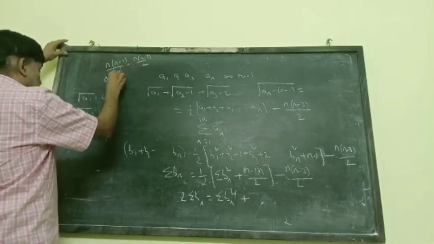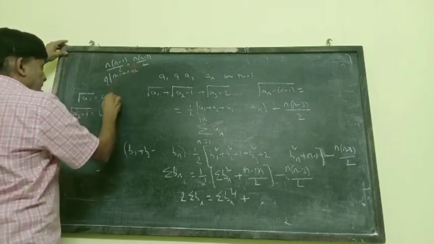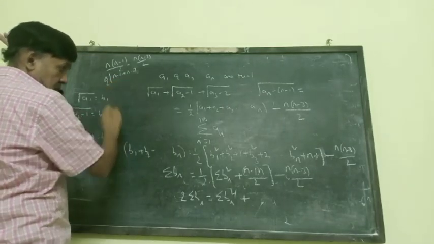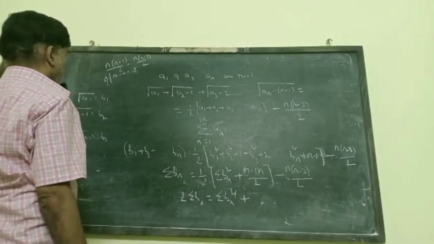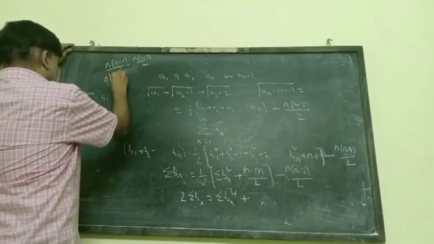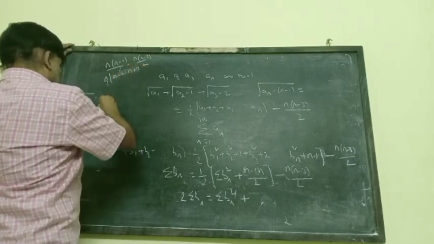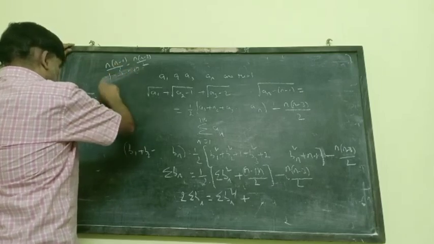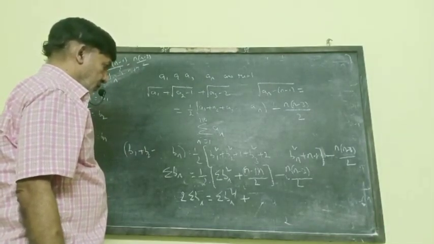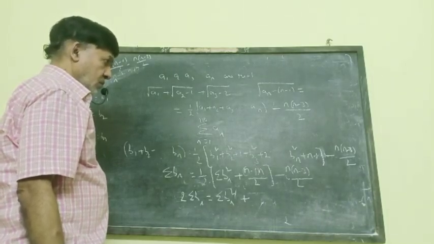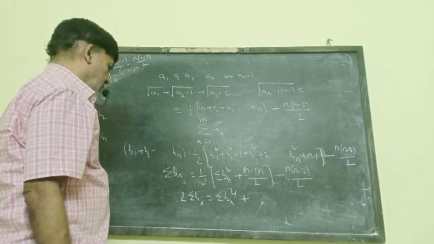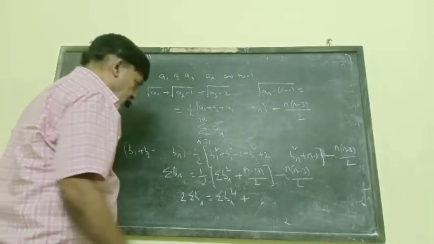N by 2 if I take outside, n minus 1 minus n plus 3. So we'll get 1 in right. So we get n.